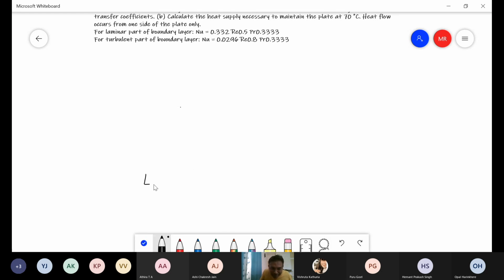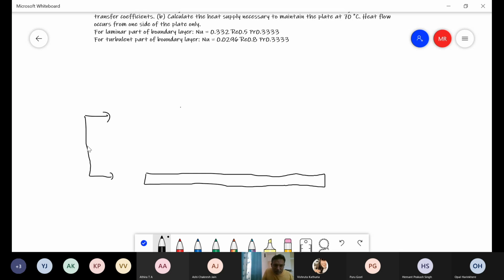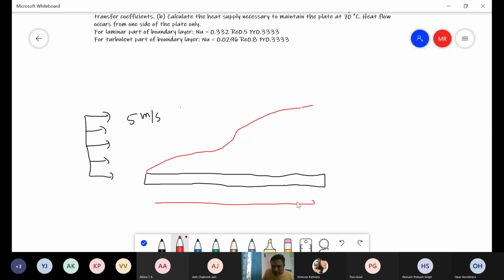I will try to do it in a better manner. And then there is a free stream velocity. The free stream velocity is given as 5 meter per second, isn't it? And let us say this is my boundary layer. This particular length is given as 1 meter.